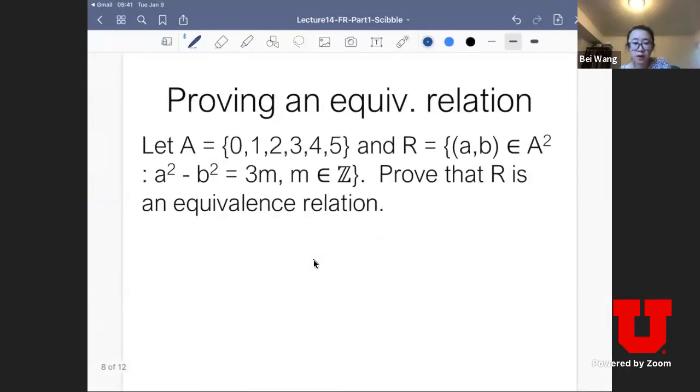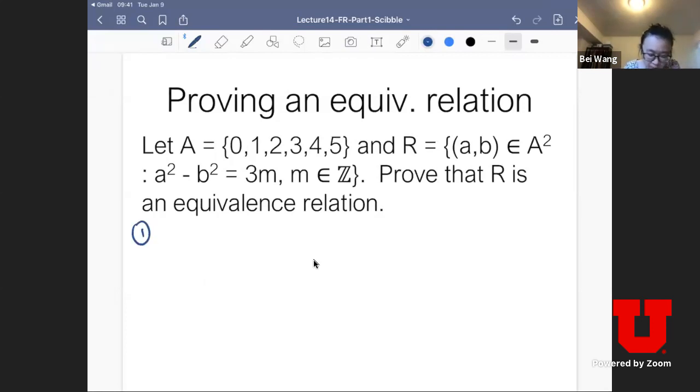So let's go over our example. Let's say my A contains 6 elements from 0 to 5, and the relation is that A, B is part of the relation if their square difference is divisible by 3. Okay, so we want to prove it to be an equivalence relation, which means that we need to prove 3 things.